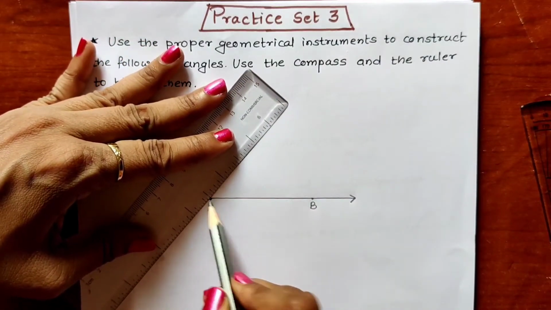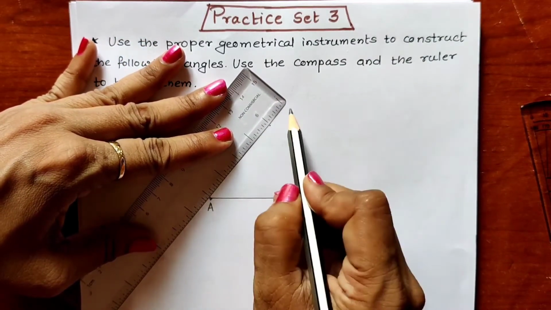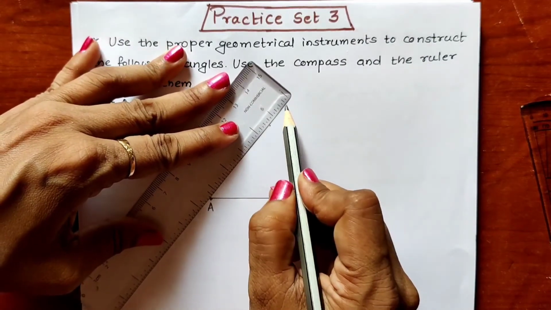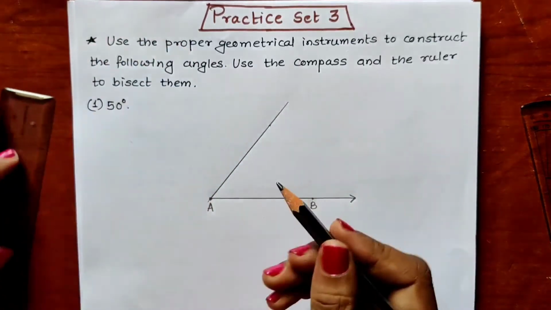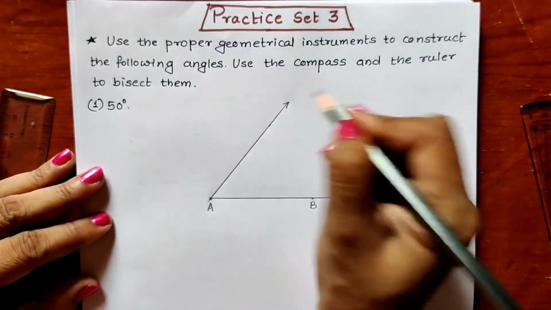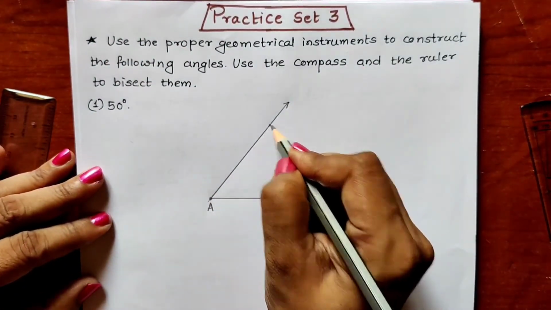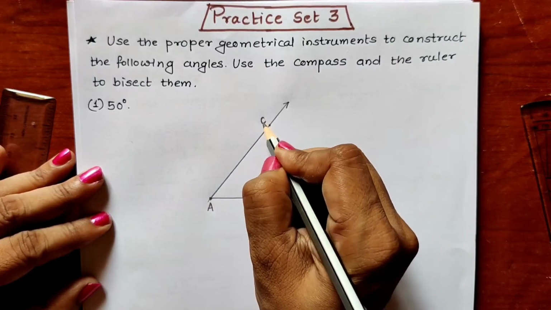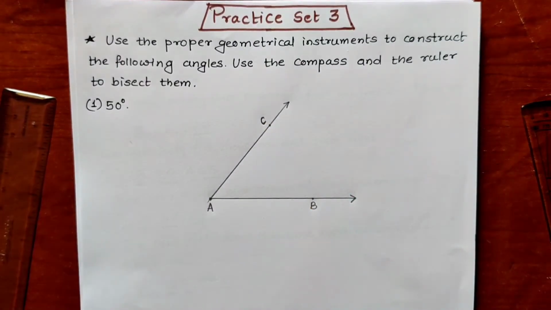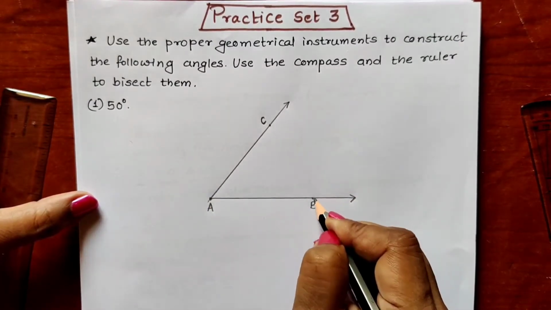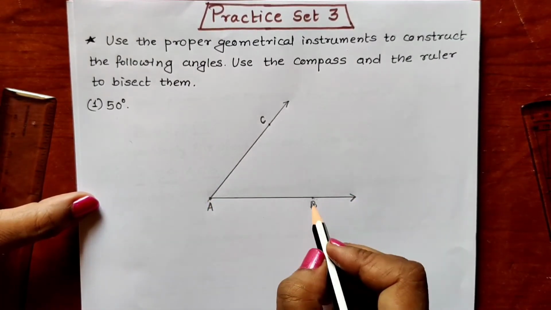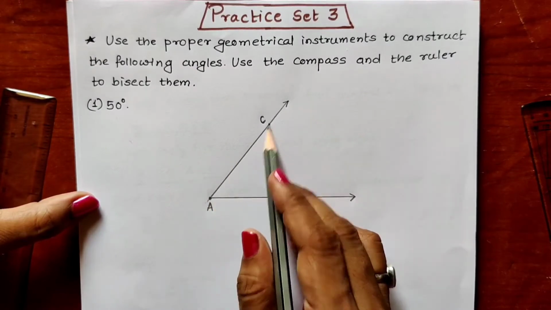A is the vertex. Join it with point A. You can give any name to this point, point C. So in this way we have got an angle CAB or BAC. You can say either BAC or CAB.